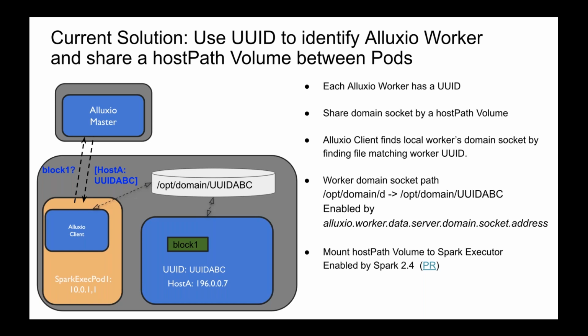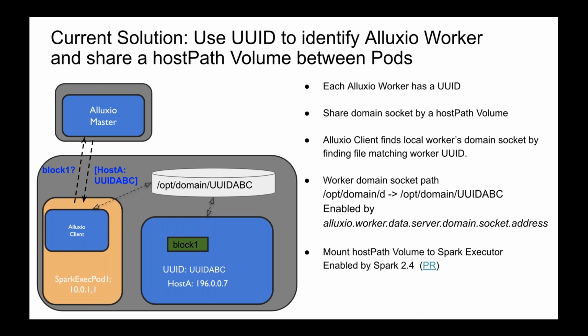So whenever Alluxio client in the Spark executor asks Alluxio masters for advice, where's my block one? Alluxio master will give it the list of single element, host A, but this time this new information, UUID ABC, is provided together with the worker information.